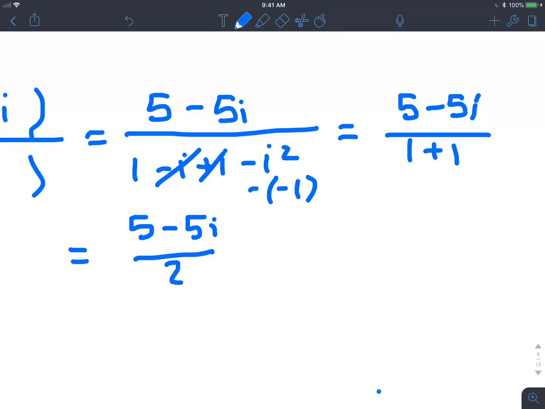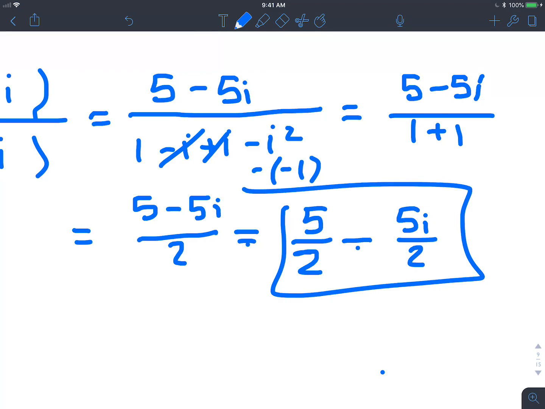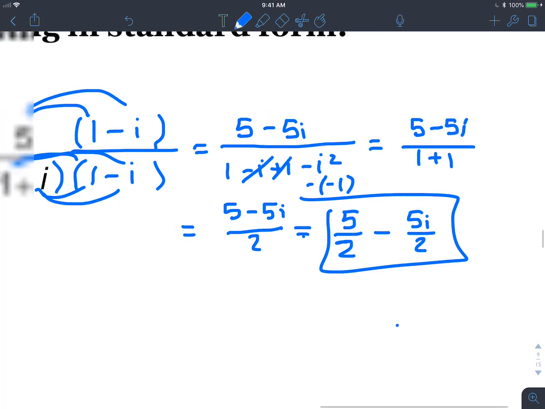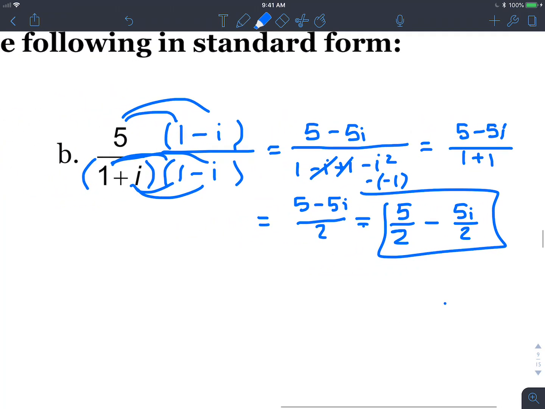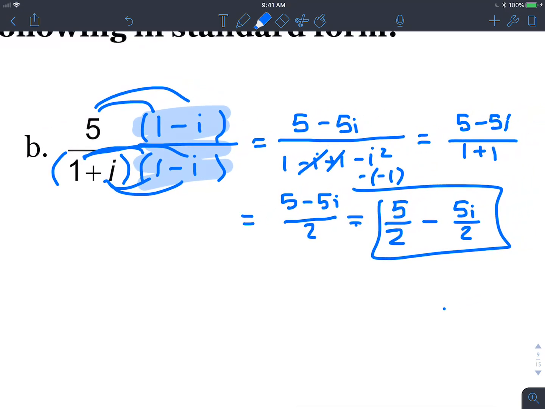Alright, and then some teachers will let you keep it like this. I make my students split it up into 2 fractions, so this is 5/2 minus 5i over 2, and that's how most of the time we're going to leave our answers. So it's kind of weird at first, so let me recap. We multiply by the conjugate in the top and bottom to cancel out all the i's in the bottom. We don't like when i is in the denominator of a fraction.